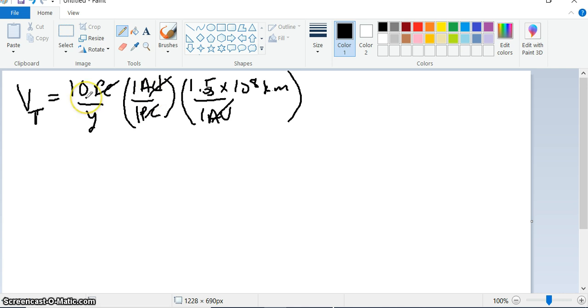So you just multiply 10 times 1.5 times 10 to the 8th, and that becomes 1.5 times 10 to the 9th kilometers per year. Sorry, I wrote that 5 badly; that's supposed to be a decimal, 1.5.